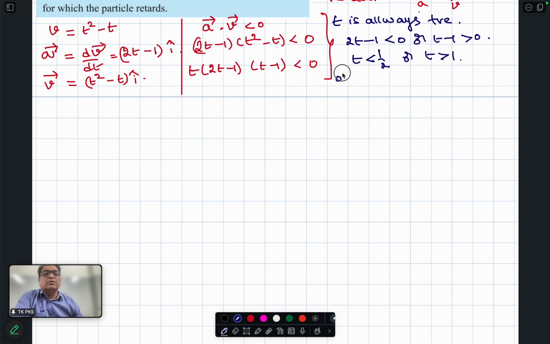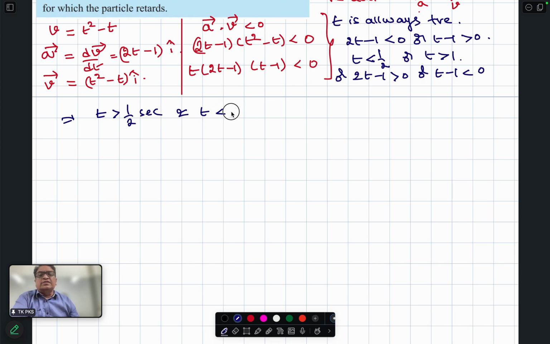Another possibility is 2t minus 1 greater than 0 and t minus 1 less than 0, which means t greater than half second and t less than 1 second. Remember, the first is not possible. That is not an interval at all.